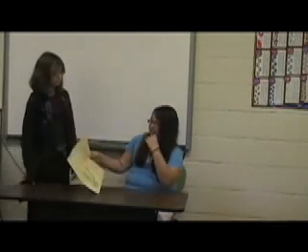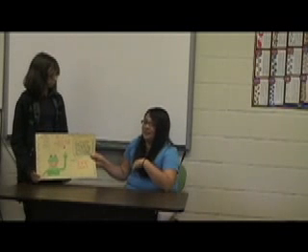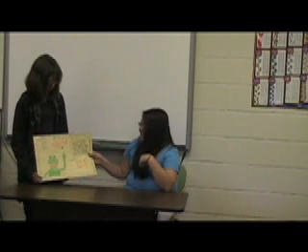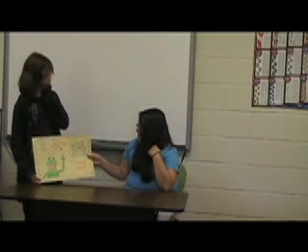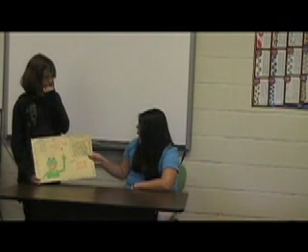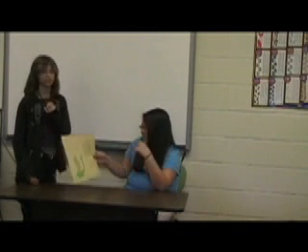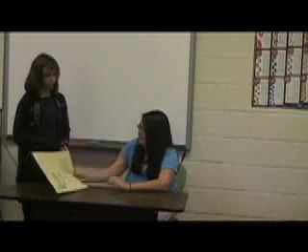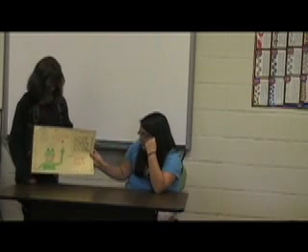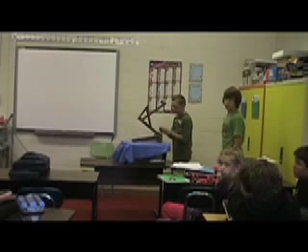And then the transitive property is if A equals B and B equals C, then A equals C. So in math terms, it would be if one quantity equals the second quantity and the second quantity equals the third quantity, then the first quantity equals the third quantity. So if 6 plus 2 equals 4 plus 4, and 4 plus 4 equals 8, then 6 plus 2 equals 8.